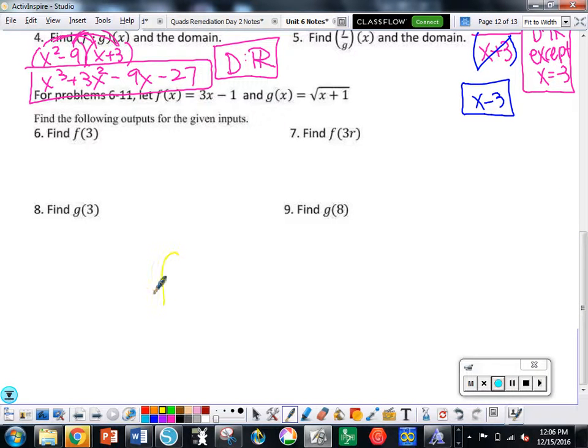Remind me really quick what this means. Function using variable x. So, what does this mean?